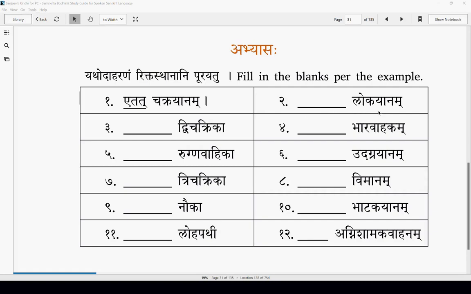Number 2. Yes. Etat Lokayanam. Esha Dvichakrika. Etat Bharavahakam. Esha Rugna Vahika.